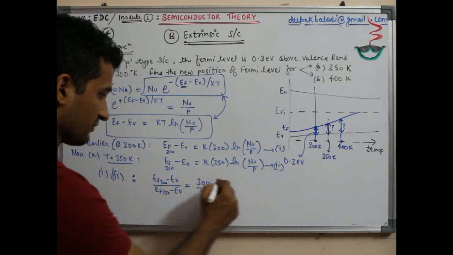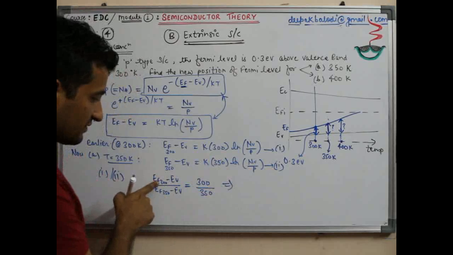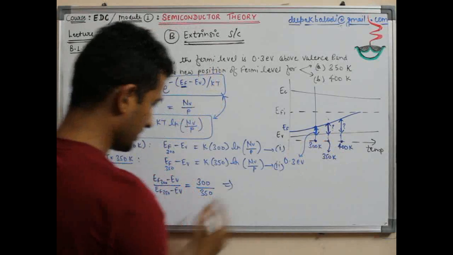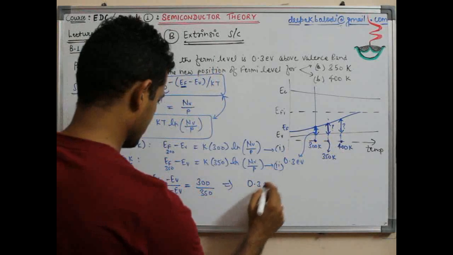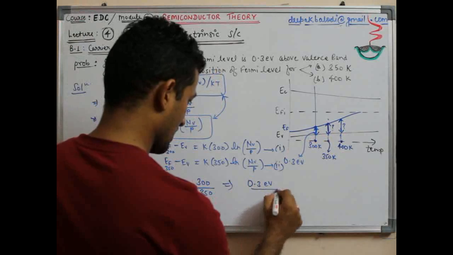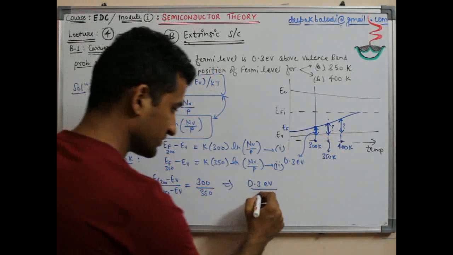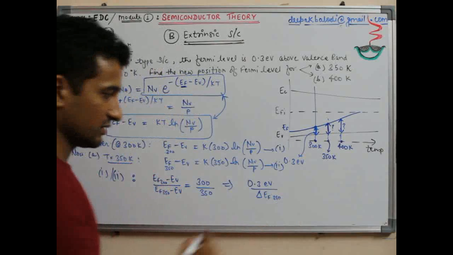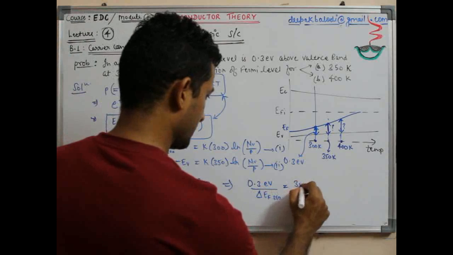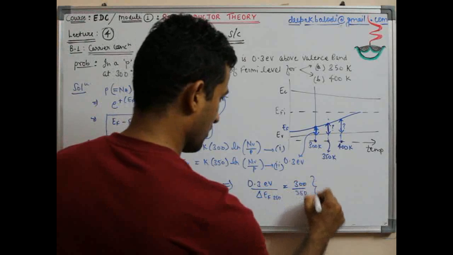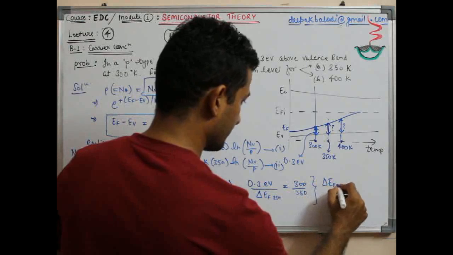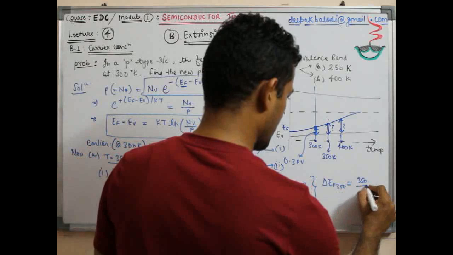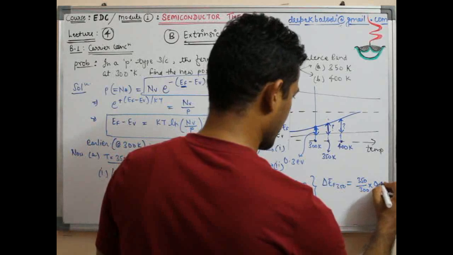The earlier value is given to us: EF at 300 minus EV is 0.3 electron volts. Upon this we need to calculate delta EF at 350. So that is 300 by 350, or this gives me delta EF at 350 equal to 350 upon 300 into 0.3.